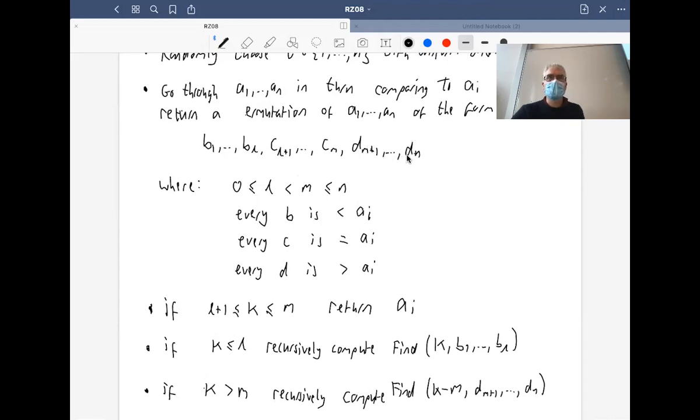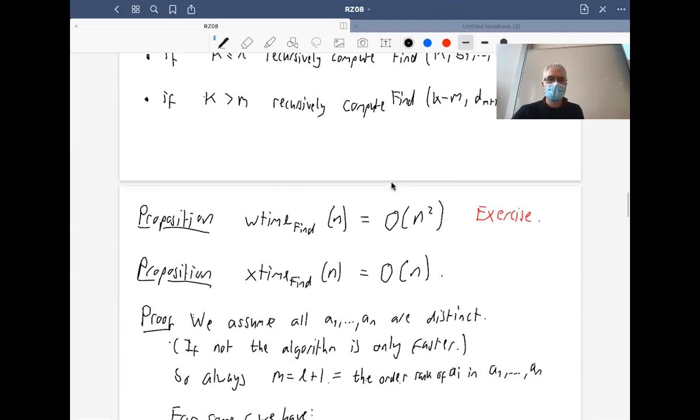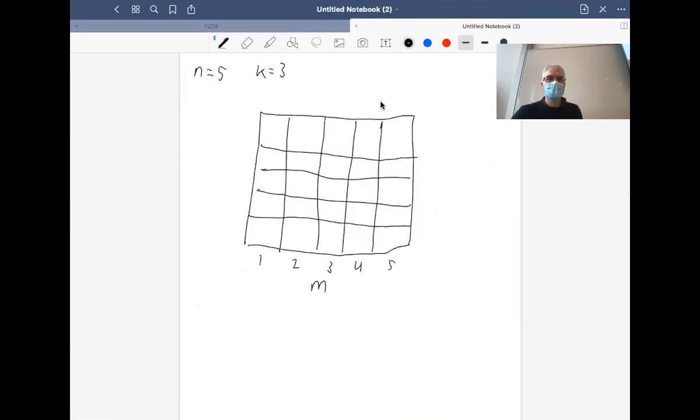And so we end up doing the recursive call to a 4-element list. So whereas we started with 5 elements, we then do a recursive call to a 4-element list. If our AI was the second smallest element, then we've got 1 element in the B's, AI in the C's, and we end up looking for the smallest element in the 3-element list.